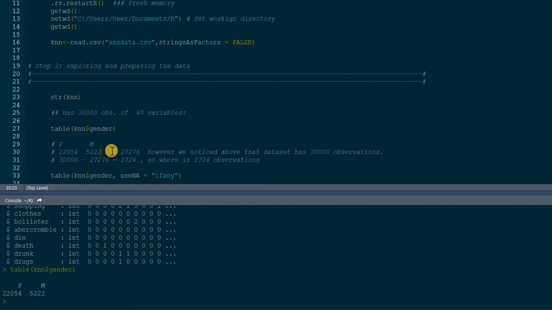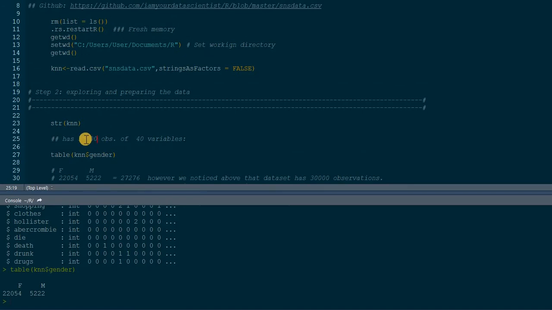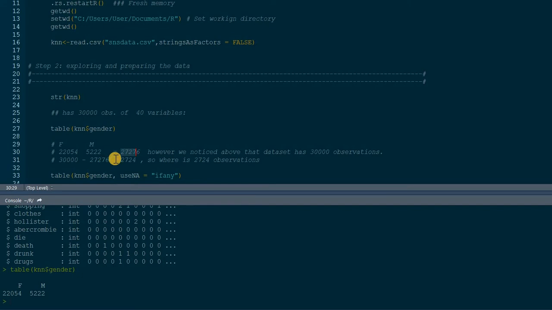So the question arises: we have already seen that we've got about 30,000 observations. If you add these together, it's only about 27,276. So if you take that away, there are about 2,724 which are not recorded here, or are missing. So let's have a look.